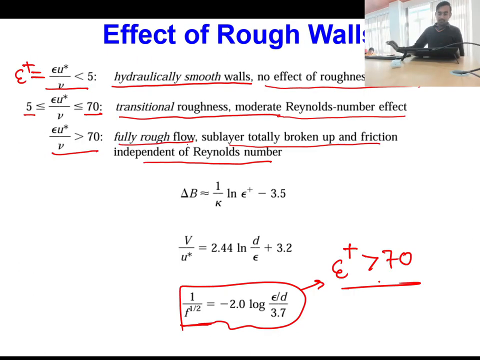Okay, so these experiments of Nikuradse were very, very important in determining the effect of wall roughness on the pressure drop or the corresponding friction factor characteristics. But one issue was there. Nikuradse created the artificial roughness by putting coarse grain particles of sand on the surface of the pipe.